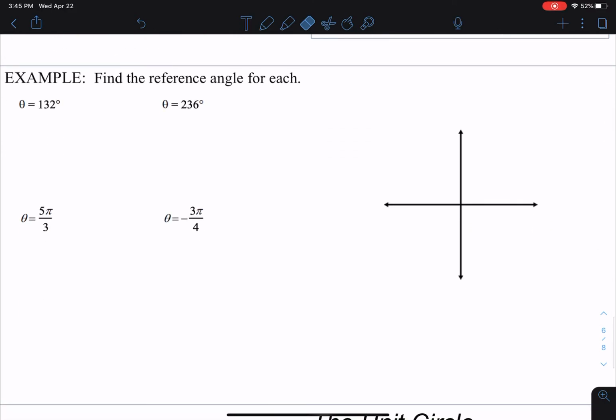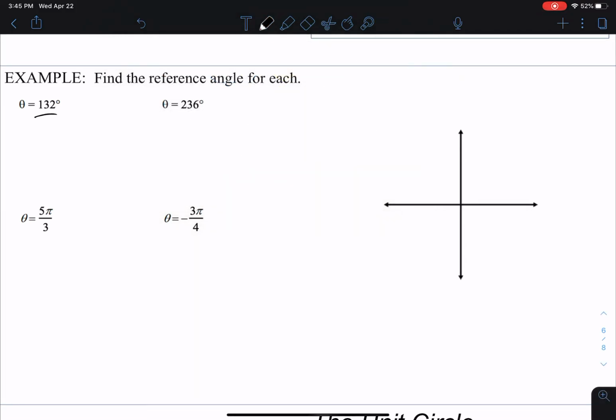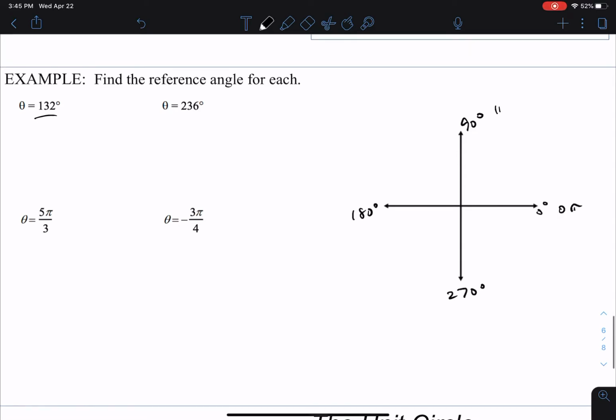So we'll do a couple examples. We have one here, 132 degrees. If this is 0 degrees, this is 90 degrees, this is 180 degrees, this is 270, so this is 0 pi, pi over 2, pi, 3 pi over 2.